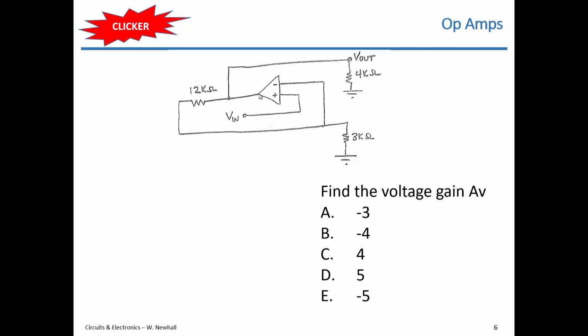I see a resistor connected between the output and the inverting input of the op-amp. There's a feedback path there. And then there's this resistor that goes between the inverting input and ground. And then the output has a load resistor on it.